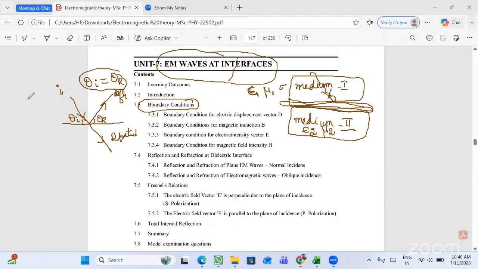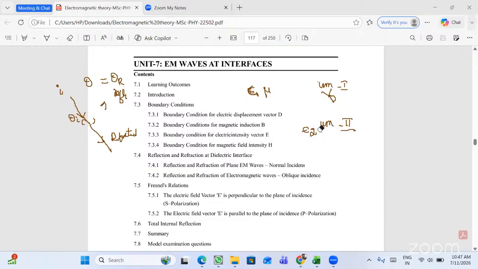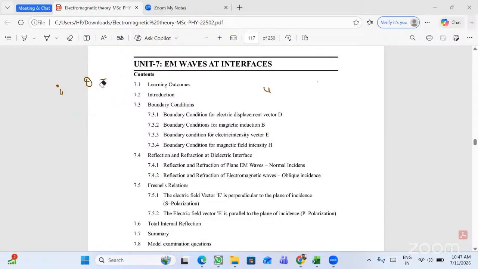Now we'll see the boundary conditions. We are going to see the boundary condition for the electric displacement vector, the boundary condition for magnetic induction, the boundary condition for the electric field vector, and the boundary condition for the magnetic field vector. Because of these four boundary conditions, you can expect one of them in your examination as a short question.